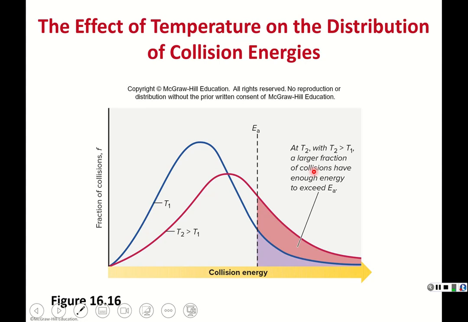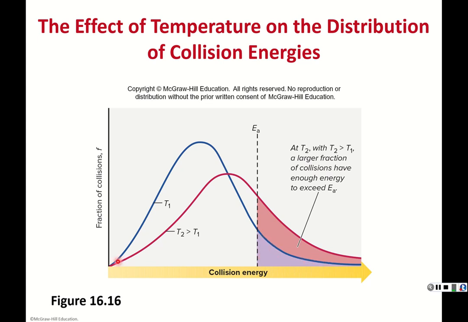And this just shows here two reactions, or a reaction at two different temperatures. So at T1, this is the fraction of collisions, and let's say they have to have energy above this activation energy. So all of these in the shaded purple region would be the fraction of collisions that have enough energy to overcome that barrier.